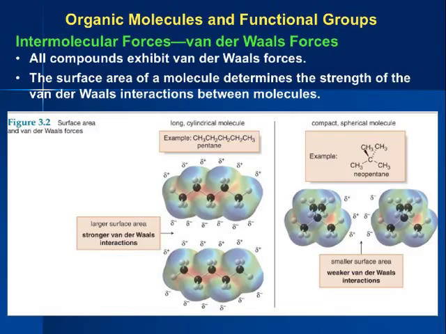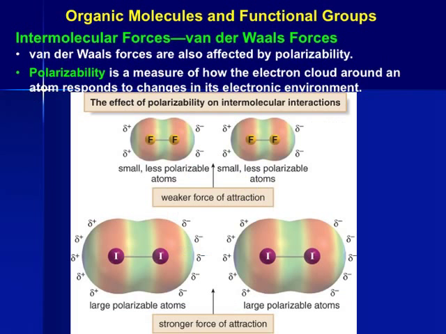Okay? What will I expect on an exam? I would expect that you would be able to look at a series of molecules and be able to rank them in terms of boiling point or some other physical property based on being able to identify the intermolecular interactions. Okay? So it's kind of important to be able to recognize right away what's involved. Okay?